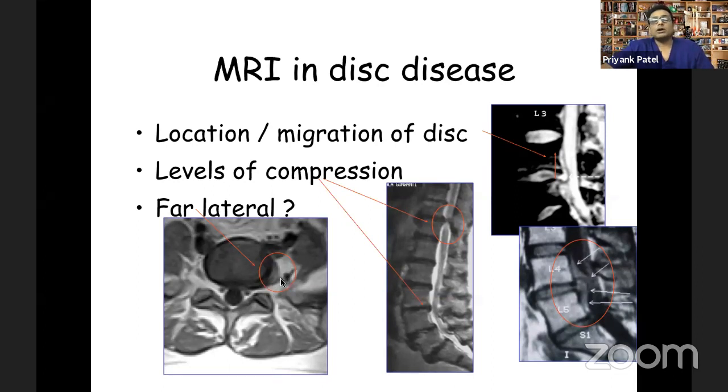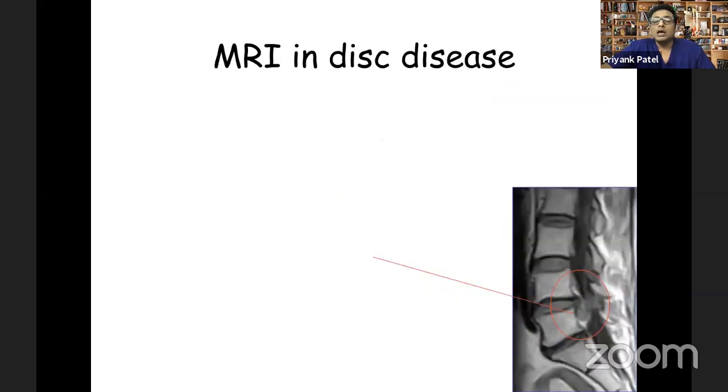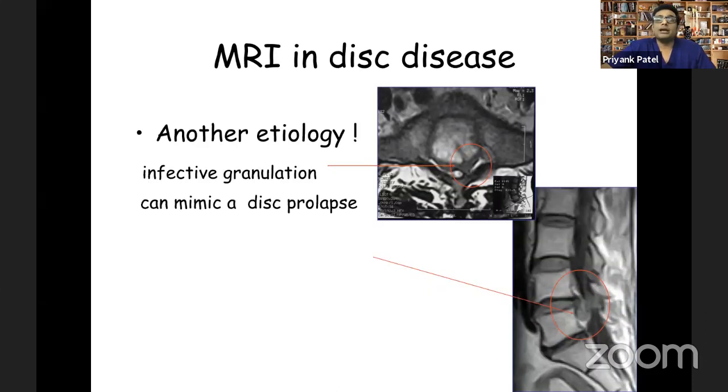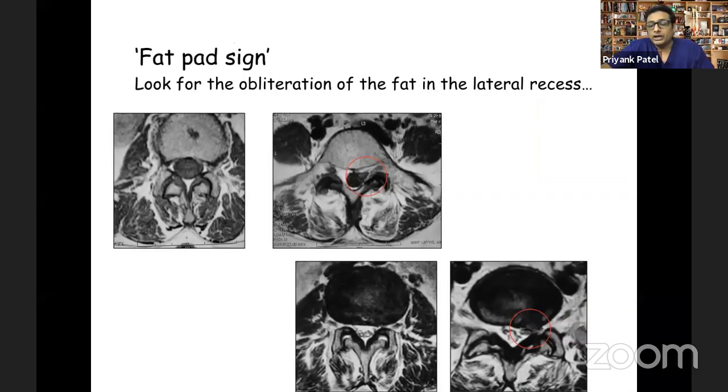So this is all the information you want from an MRI of a disc prolapse. MRI also helps you in identifying conditions which mimic sciatica because of disc, like granulation tissue or pus because of TB causing nerve compressions. So that you need to see.